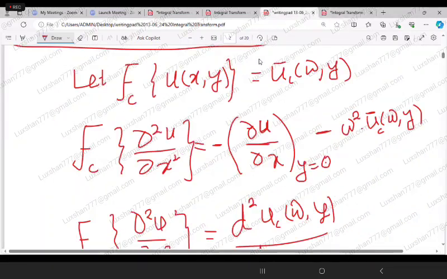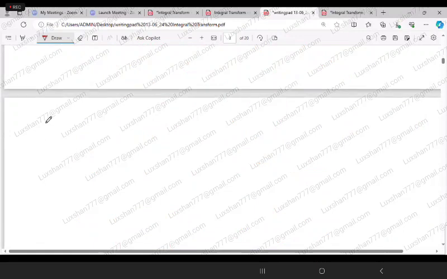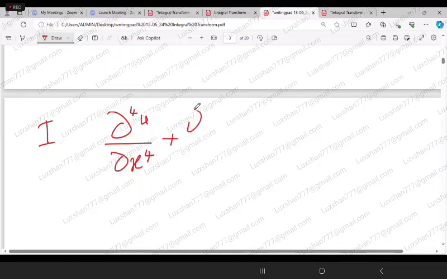Quickly do that part. So question number 1: ∂⁴u/∂x⁴ + ∂²u/∂y² = 0.